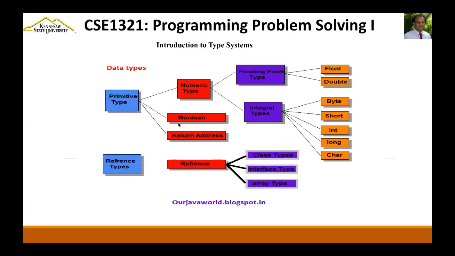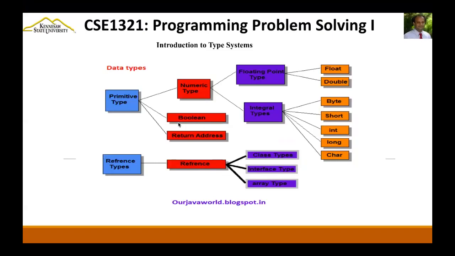For instance, byte is 1 byte, character is 2 bytes, and short is again 2 bytes. Integer is 4 bytes, float is 4 bytes, and double is 8 bytes. Most programming systems maintain some specific rules.